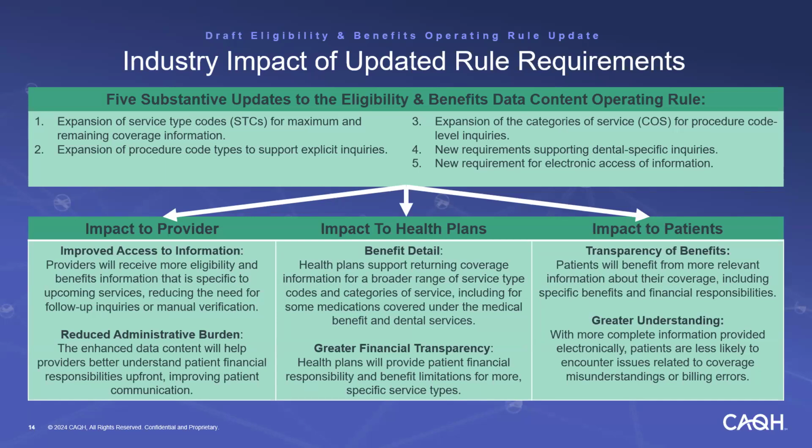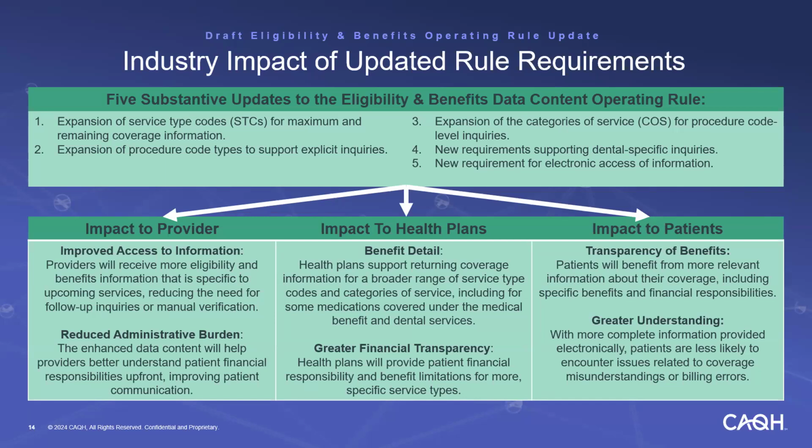For health plans, the updates mean that if it is requested by a provider, the health plans will have to provide greater financial transparency and benefit detail through the transaction. If it's requested by a provider, health plans would support returning coverage and financial responsibility information for a broader range of service type codes and categories of service, including medications covered under the medical benefit and dental services.